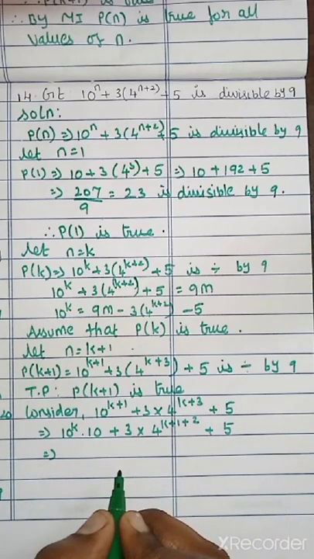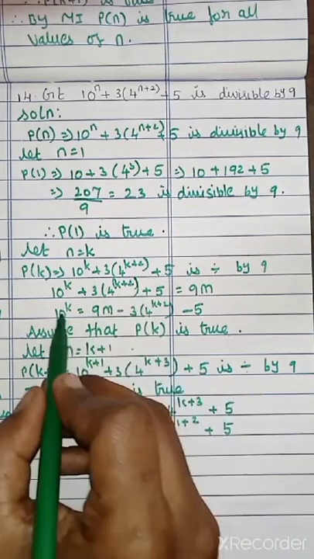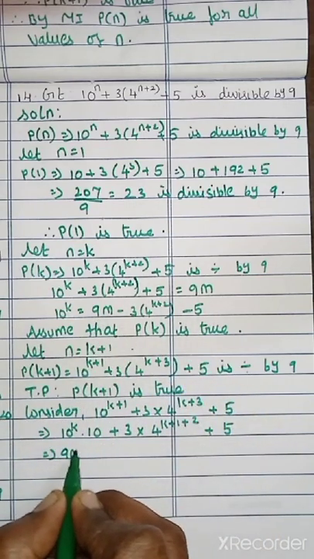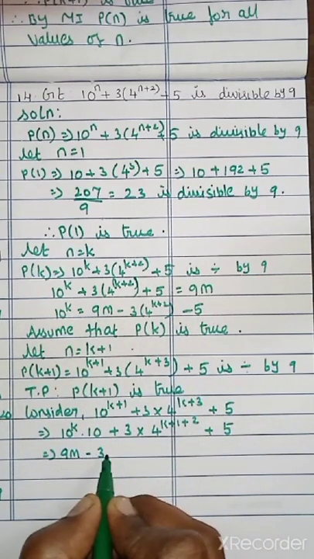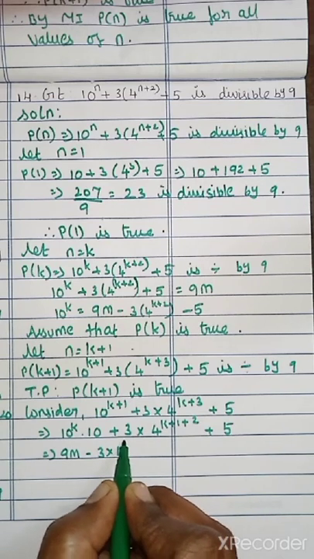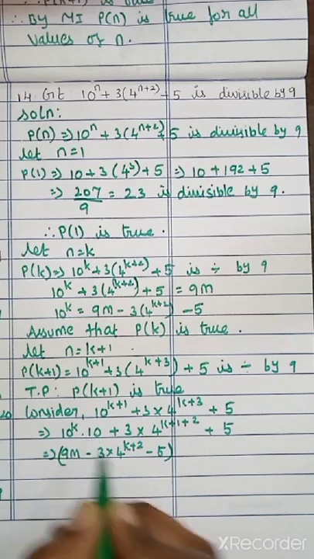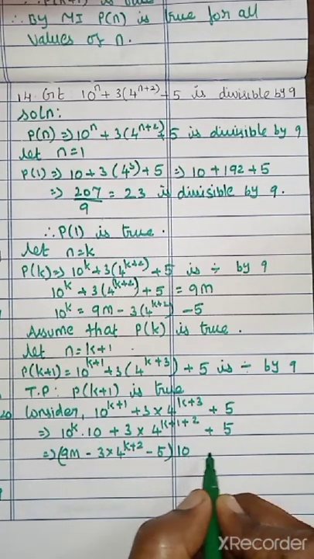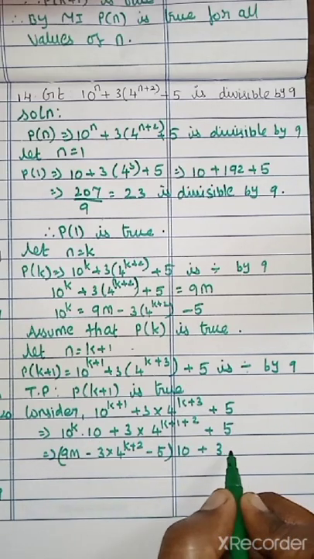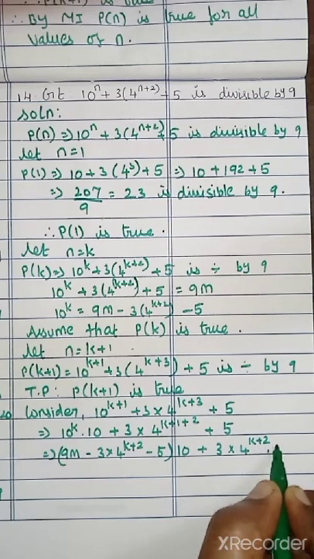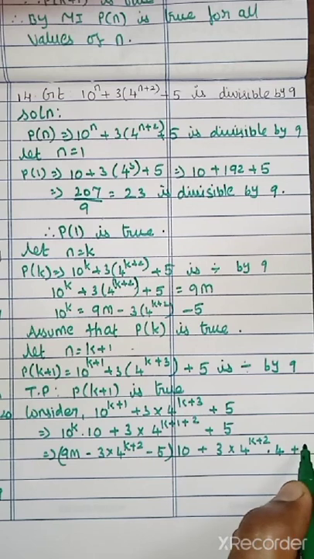Instead of 10 power k, we can write this term as 9m minus 3 into 4 power k plus 2 minus 5, into this 10. Correct? Plus 3 into 4 power k plus 2 into 4 plus 5.